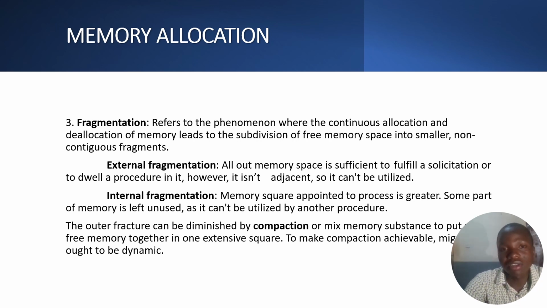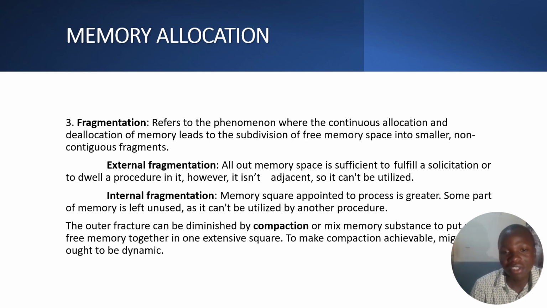The best example is where a process may need maybe 5 blocks of memory, and maybe 6 are available. So it will pick the 5 and leave the 1, meaning the one that has remained can't be taken by any process. That's fragmentation. And we have external and internal fragmentation.